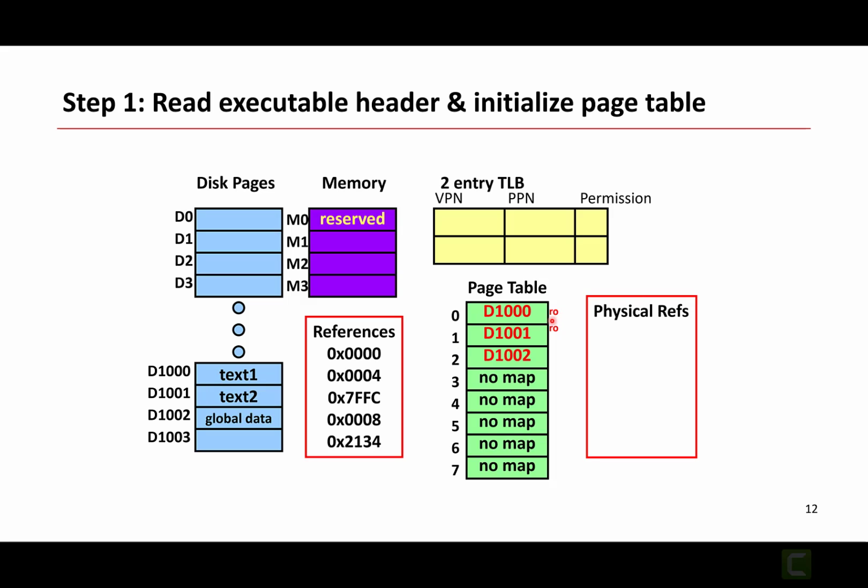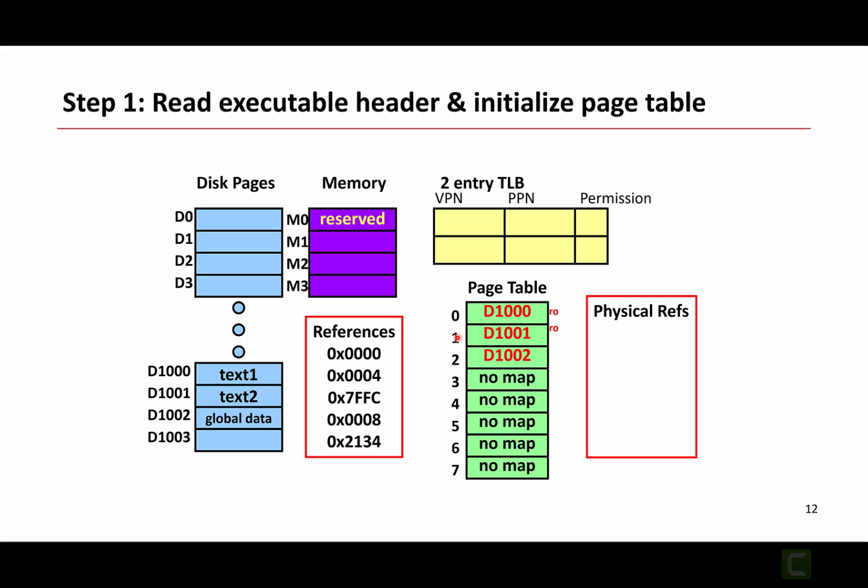And I'm going to mark it as read only because I don't want my program to change my instructions. This could be different for self-modifying code, but for now, this program doesn't change instructions, and therefore, for extra protection, we have marked it as read only.